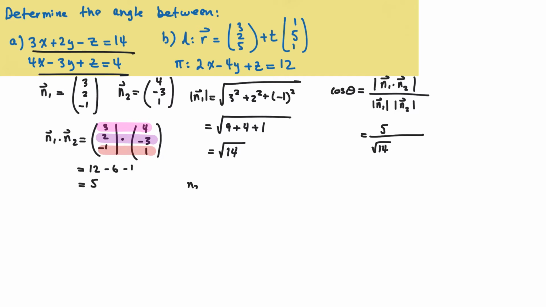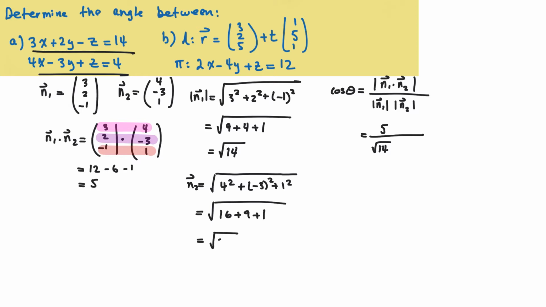And the magnitude of n2 is going to be its x component squared, which is 4 squared, plus the y component squared plus the z component squared. This will be 16 plus 9 plus 1. 9 plus 1 is 10, plus 16. It is root 26.